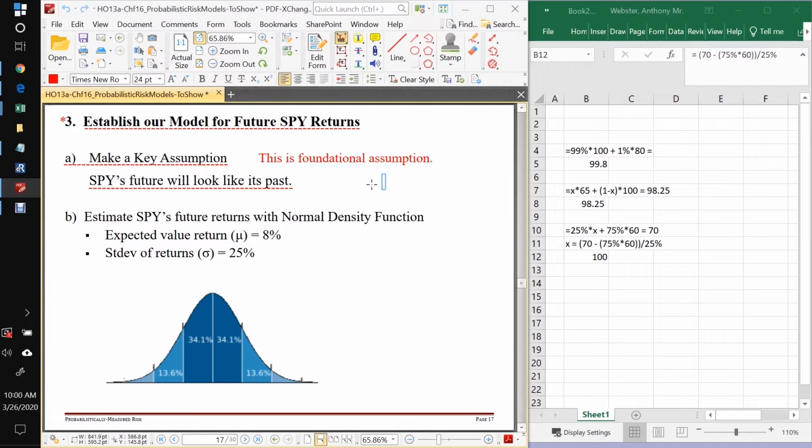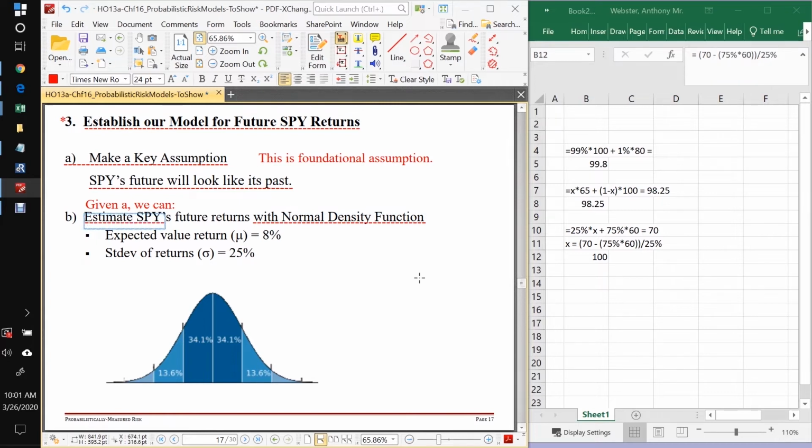We can't really do much without making that assumption, and this may be a bogus assumption, and I'll talk about that more in a little bit. Once we make that assumption, then if the historical returns look normally distributed, we can say the future returns will be normally distributed, and we can estimate them with our normal density function.